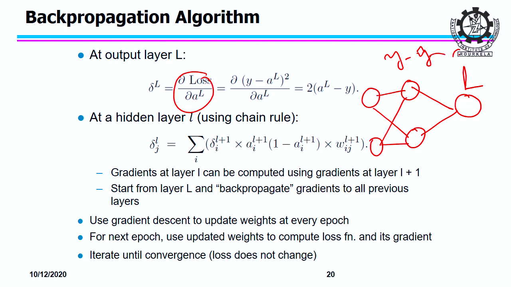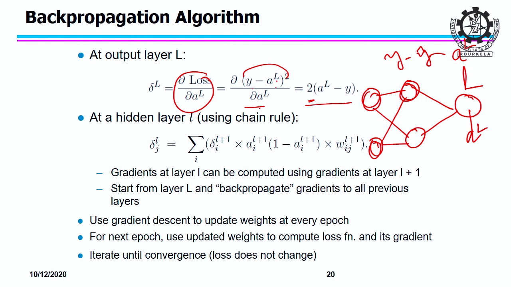Y cap is the last node A^L, so we put A^L and take the derivative with respect to A^L. Here 2 comes down, and A^L with respect to A^L gives minus 1, so you can write it as 2 into (A^L minus y). Now, the question is, I computed the loss with respect to this node A^L, but what happens for an intermediate node?